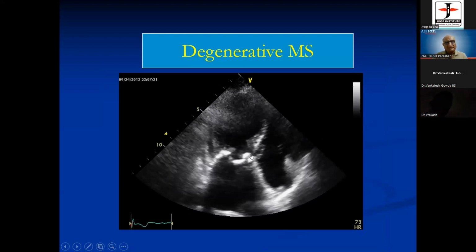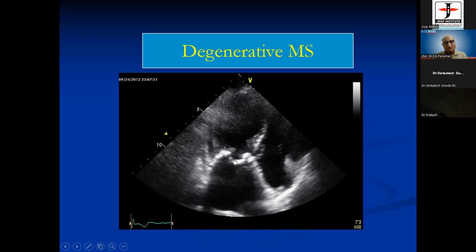So what happens, you see, this is the left ventricle, left atrium, these are the leaflets, and this is the mitral annular calcification. In mitral annular calcification, sometimes this calcific process extends into the mitral leaflets and can show some functional stenosis.